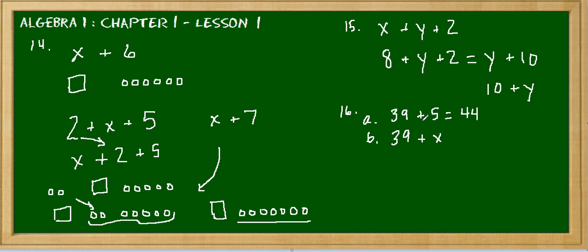Well, we would have to now write this as 39 plus x plus 6, right? We would just keep adding the years on. Poor Mr. Benny is getting older. Well, he would now be 39 plus x plus 6. Now again, we have these like terms, 39 and 6, which can be added. So we could say now 45 plus x.